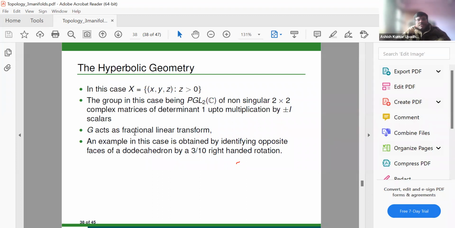G in this case acts as fractional linear transformations. There are numerous examples. One example is obtained by identifying opposite faces of a dodecahedron by a 3/10 right-handed rotation. Okay, so in the spherical case, we identify faces by 1/10 rotation. In this case, we identify faces by 3/10 right-handed rotation.